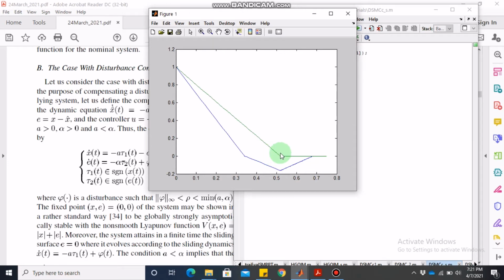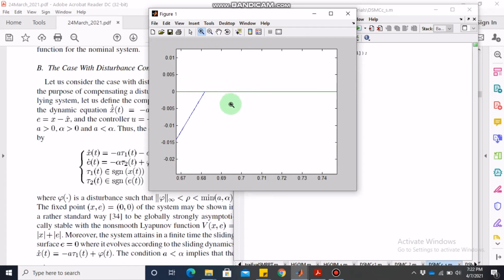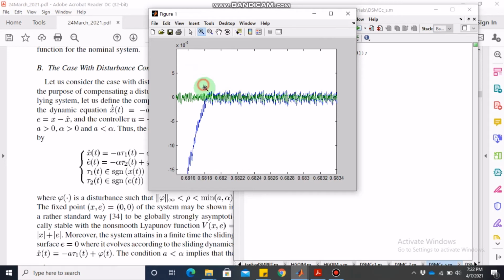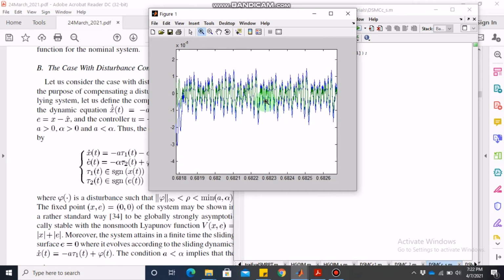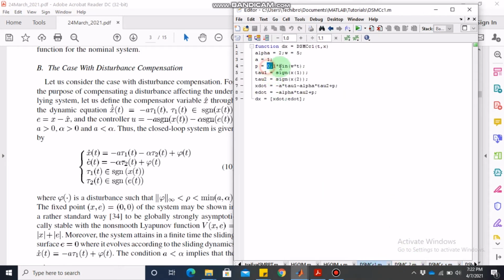But after the run is complete, you can see here both the states have converged from their initial state to 0, and there is very little amount of chattering, because the magnitude of disturbance was already of the order of 0.1 or something. So you can see here that this is 0.1 sine omega t, and it has been attenuated more than 10 times.